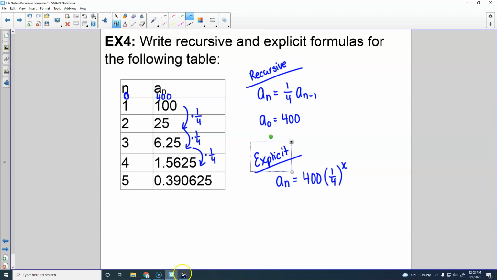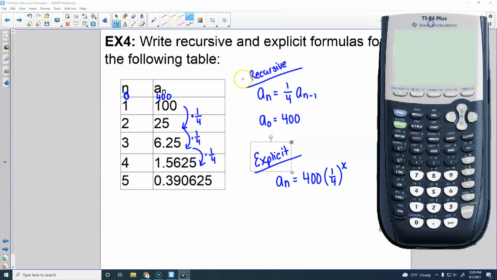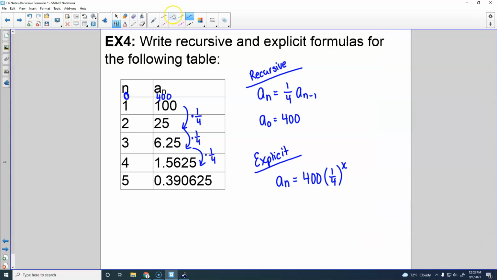And if we tested that out, if I want to know the fourth term, I do 400 times 1/4 to the 4th power, you can see I get that number I'm supposed to get. Alright, so in this case, your a sub 0 ends up being your a value for your exponential. And then the common ratio here, that's your b value for your exponential.